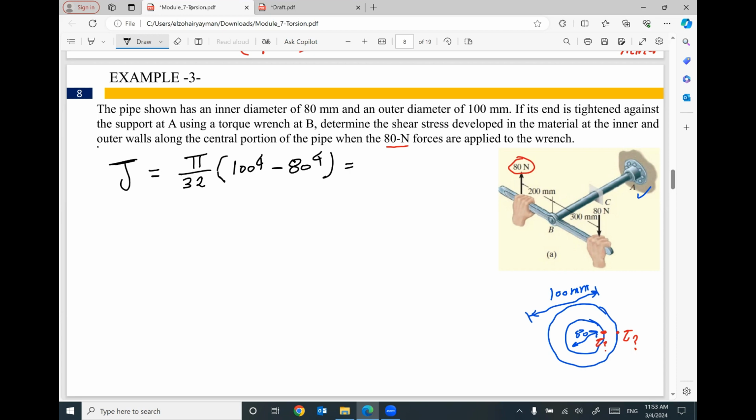So 100 to power 4 minus 80 to power 4 times pi divided by 32 will equal a very big number. I can say 46.37 times 10 to power 6 millimeter to power 4.